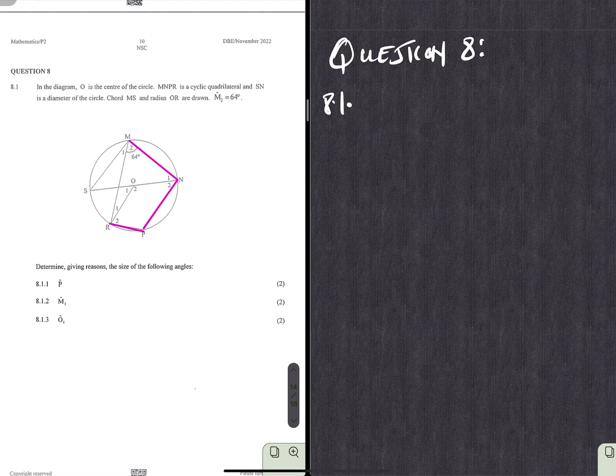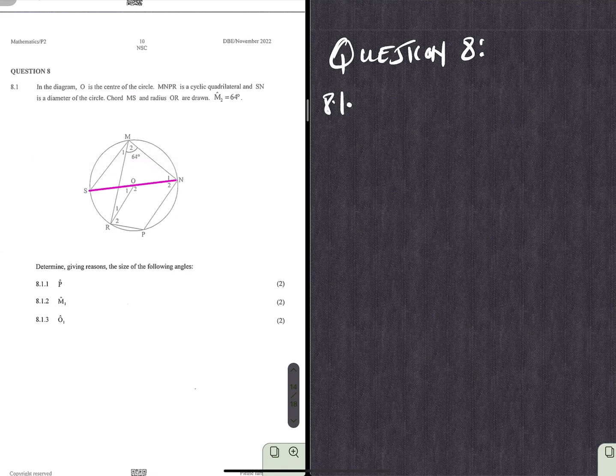I'm struggling to redraw it nicely, but let me draw it from P then to that point. I hope you will get what is happening there. So that is a cyclic quad. And then SN there, that is a diameter. We are told that this is a diameter of the circle.